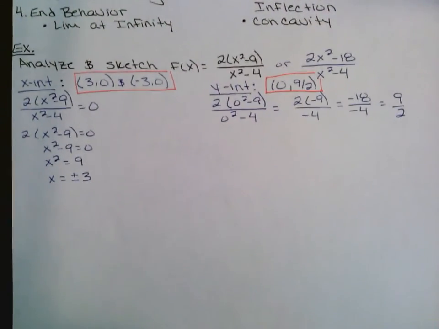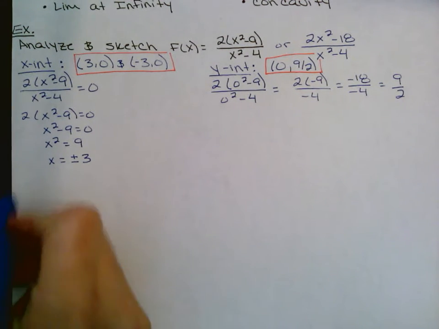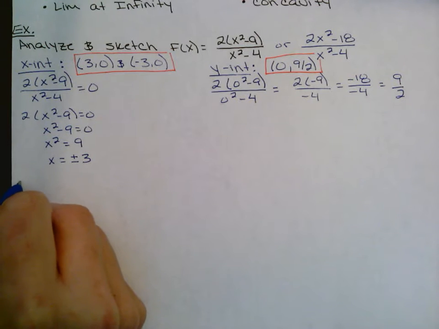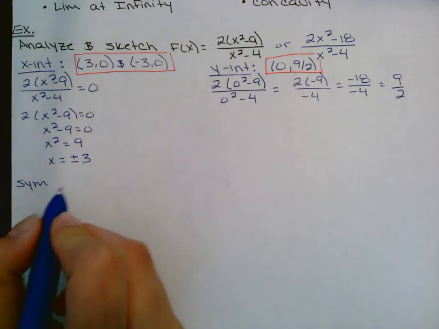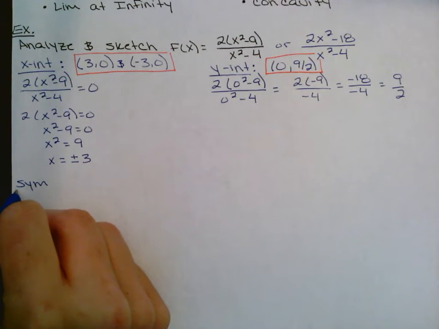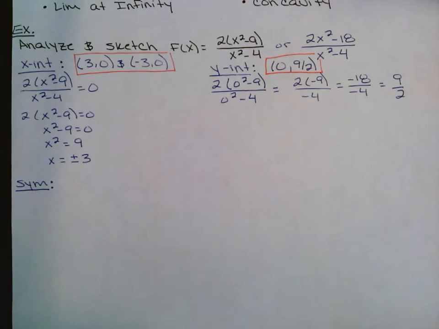Let's keep going. The next thing to do is to find symmetry. Okay? So in symmetry, this is going to be useful because I can find out if the function is going to be identical left and right, or top and bottom, or corner to corner, or if it's not going to have any symmetry at all.